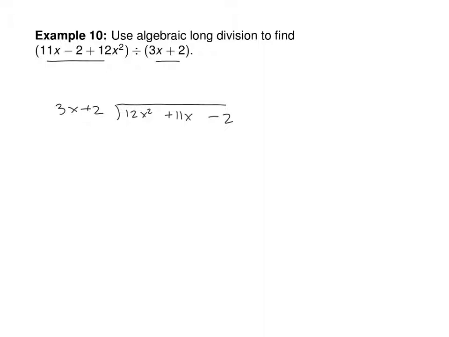A little bit of rearranging, but at least no zero placeholders. Okay, so first part is, what do you multiply 3x by to make it match 12x squared? 4x. So that's 12x squared plus 8x. Take it away.